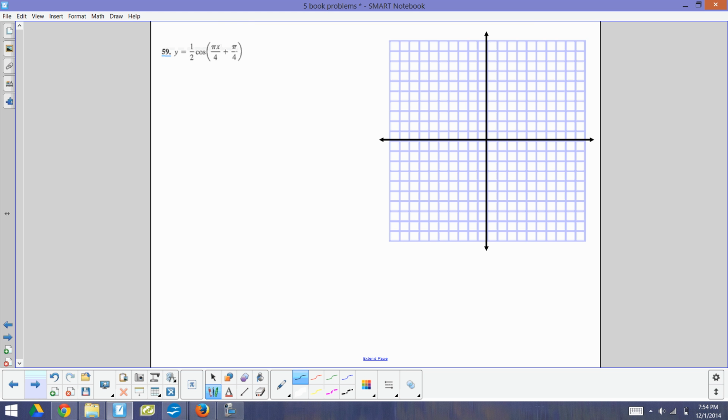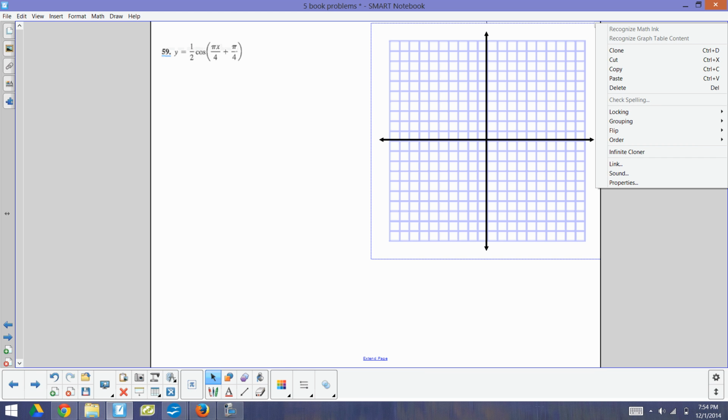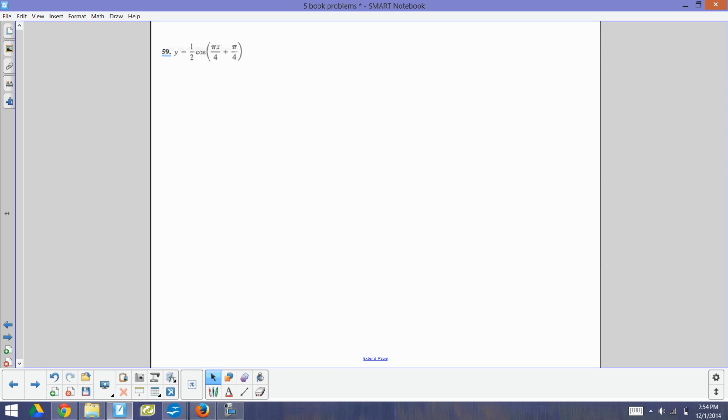Next graph, another cosine graph. So let me graph y is equal to 1/2 the cosine of pi over 4 x plus pi over 4. First of all, I need it in the right format.